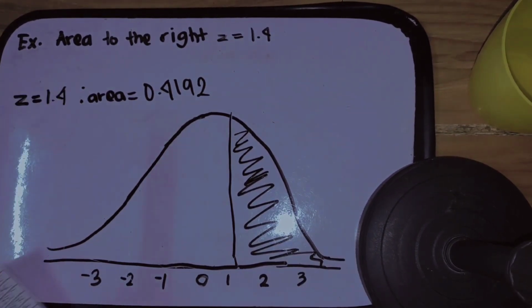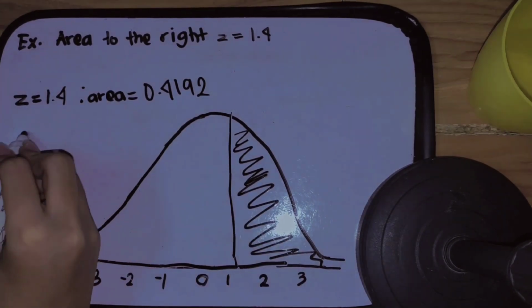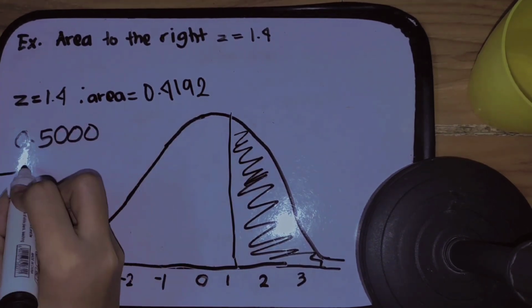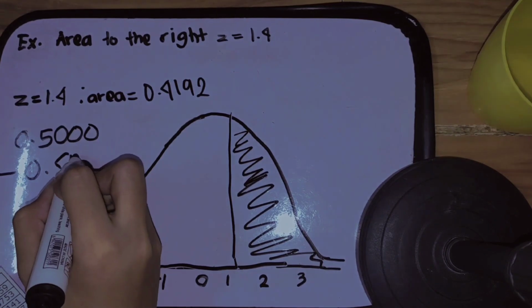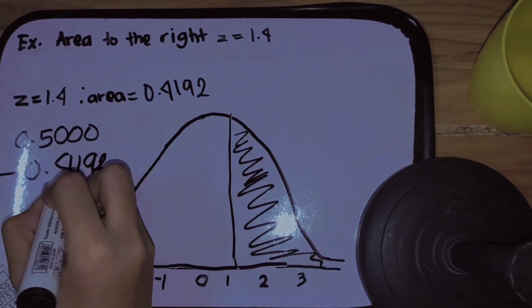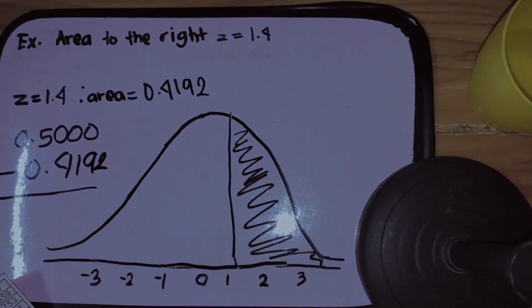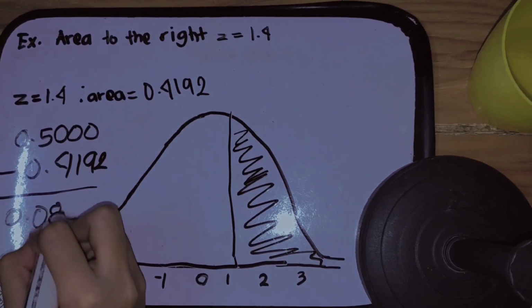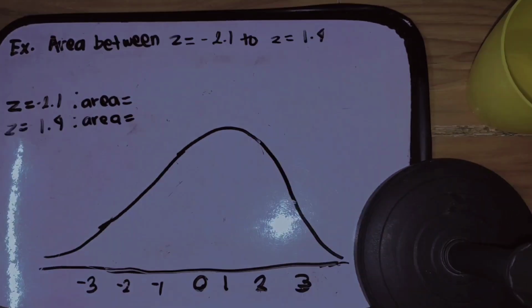Since ang sabi ay to the right, ibabawas natin ang value ng left side, which is 0.5. So, 0.5000 minus 0.4192. Total, 0.0808.